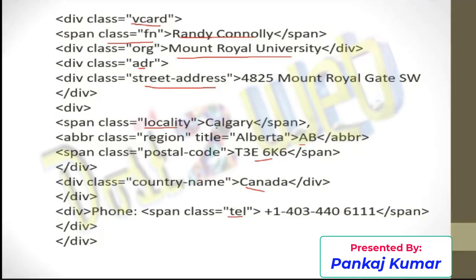The moment you define the vCard, you are able to represent how the visiting card looks. This is the example. This way you are going to do that, and accordingly you have to define everything in the CSS, how you want your vCard to appear.